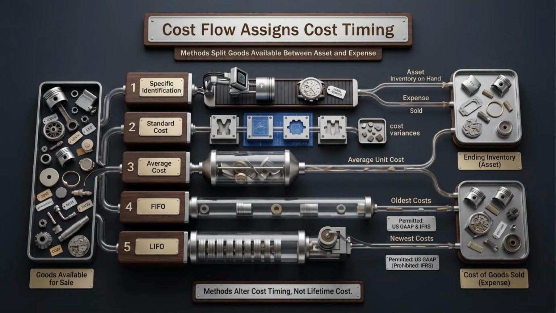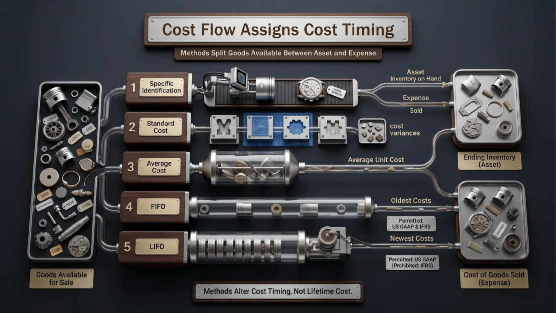Cost flow assigns timing. Specific identification traces the actual cost of a specific item sold and works best for unique or high value goods. Standard cost uses a predetermined normal cost per unit, but variances must be reviewed so the result approximates actual cost. Average cost smooths old and new costs, with weighted average used periodically and moving average updated in perpetual systems.